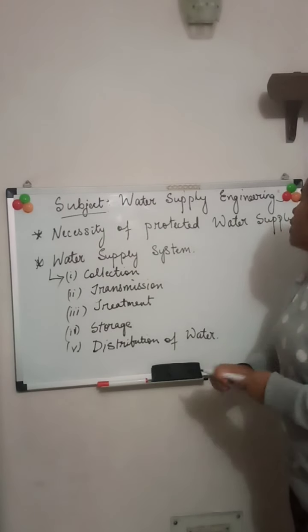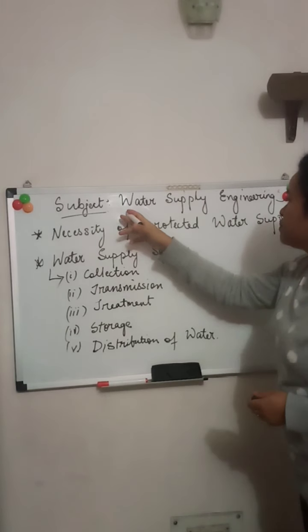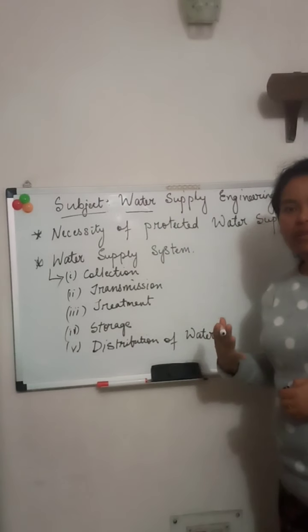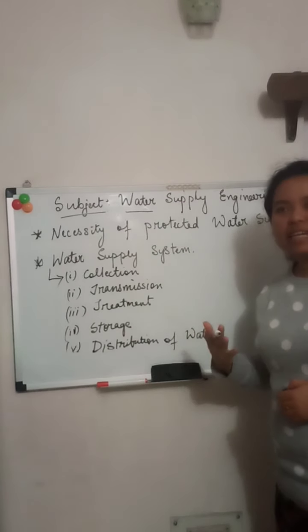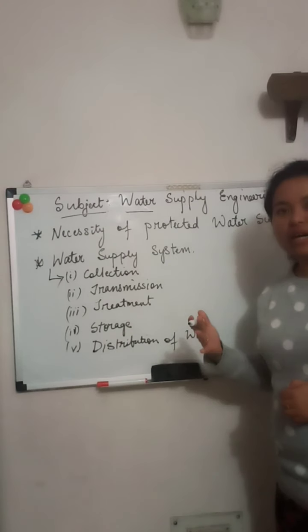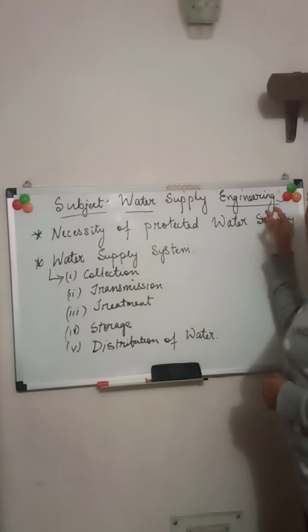In this subject, water supply engineering, we are going to see how water is taken out and how we can supply it to the required locations where it is required. That is known as water supply engineering.